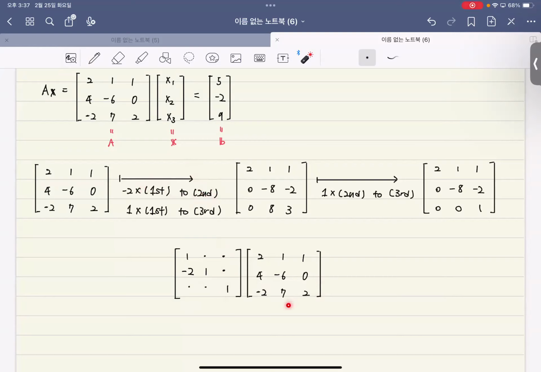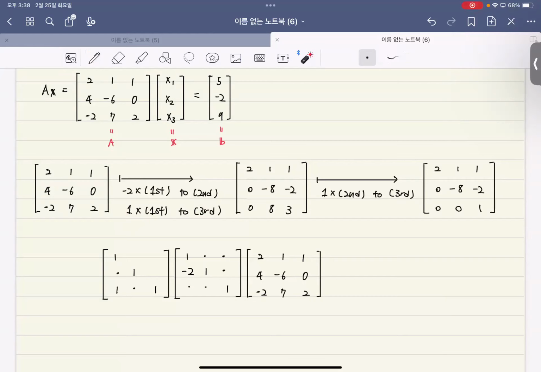Right? Now, to do that, I multiply another elementary matrix. This is the first row to the third, which is 1, like this, okay?